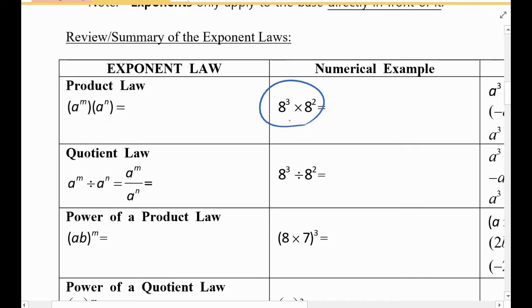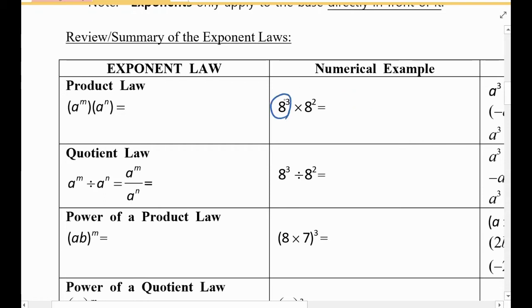Okay, here's an example. When you multiply 8 cubed times 8 squared, then what do you guys get? That is 8 to the power of 5.